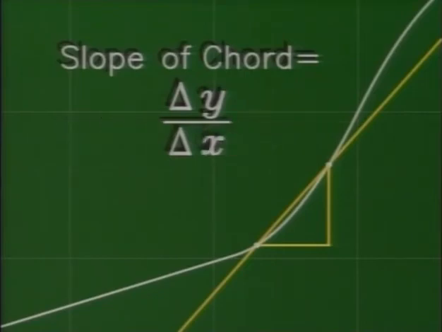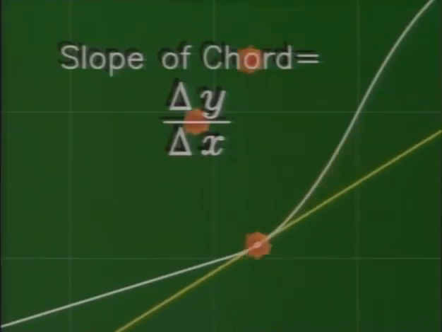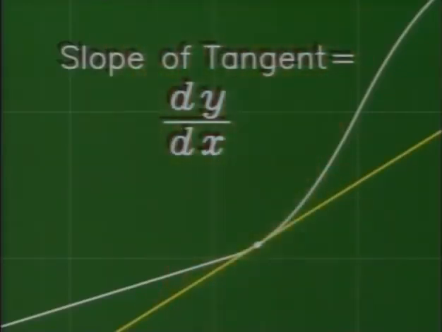So delta y over delta x is merely a ratio of 2 small numbers. When the small numbers shrink to zero, that ratio becomes a derivative, and the deltas become a new symbol, dy over dx, the symbol of the derivative, which means the derivative with respect to x of the quantity y.